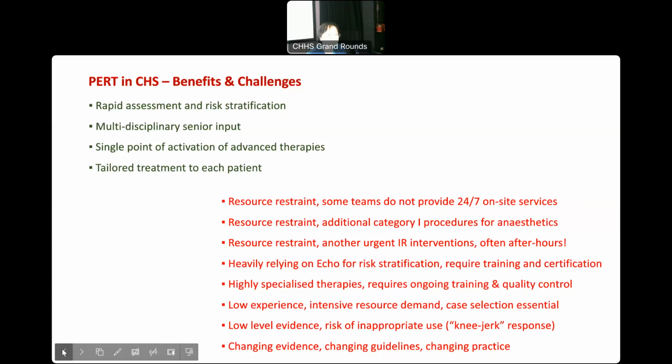There's so many highly specialized therapies, ECMO, catheter-directed, we require ongoing training and quality control. Low experience, intense resource demand, case selection at the moment. You might find we're more stringent now than some other places. Low level evidence, risk of inappropriate use. Do not have a knee-jerk response when I have a patient. Look at the patient, not the CT scans only. And ever-changing evidence, changing guidelines, and changing practice.